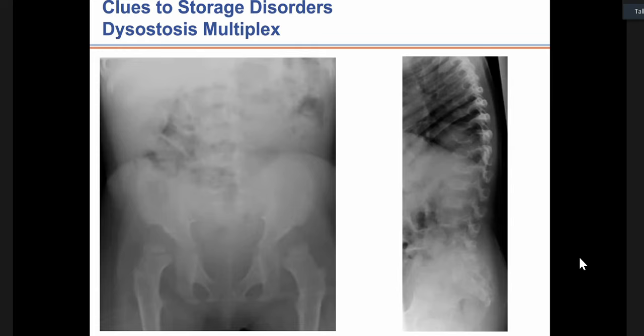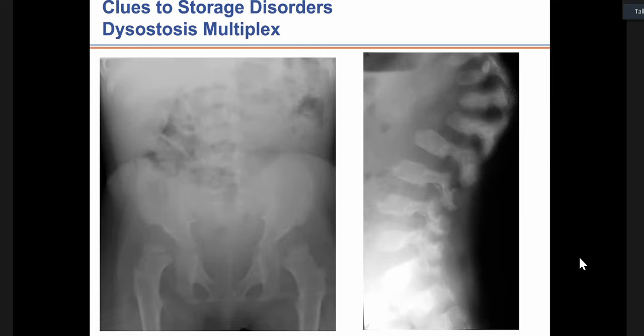Look for these, the platyspondyly, mild platyspondyly, with anterior hooks of the vertebral bodies, with posterior scalloping, and then sometimes with hypoplasia of a lower thoracic or upper lumbar vertebral body, as in this example, which may give the child a kyphosis at that level of a hypoplastic vertebral body.